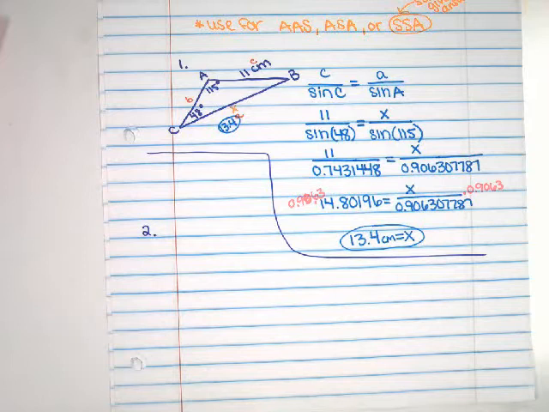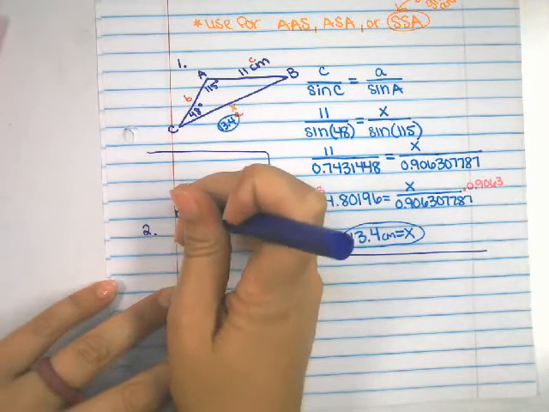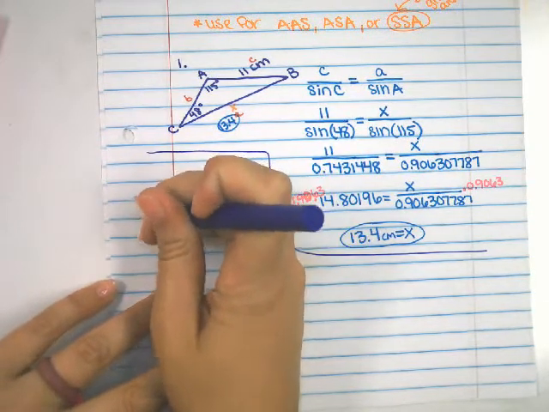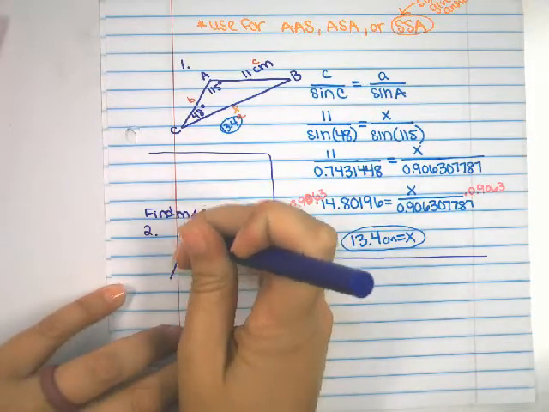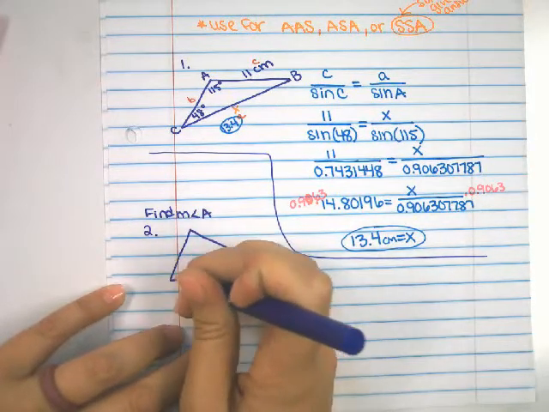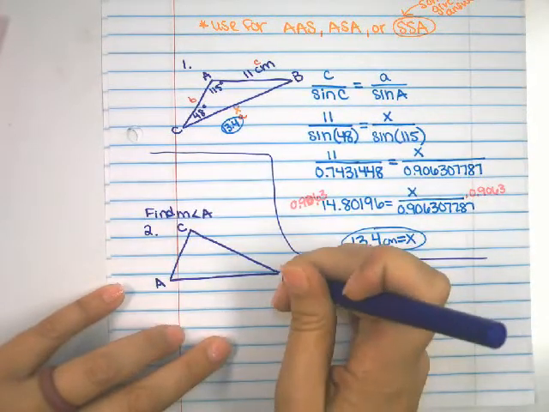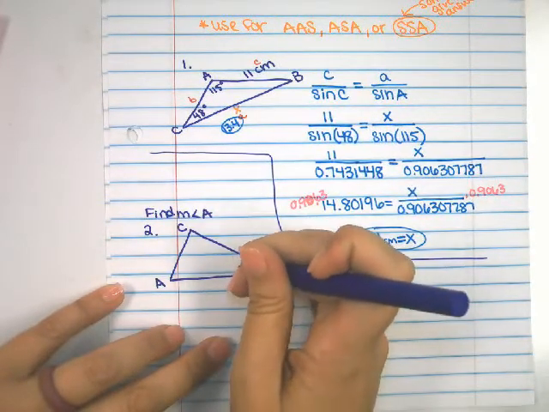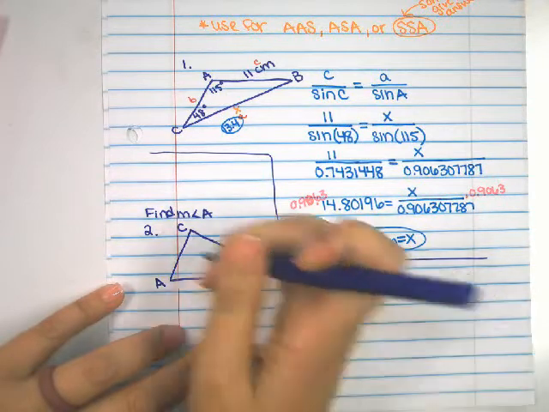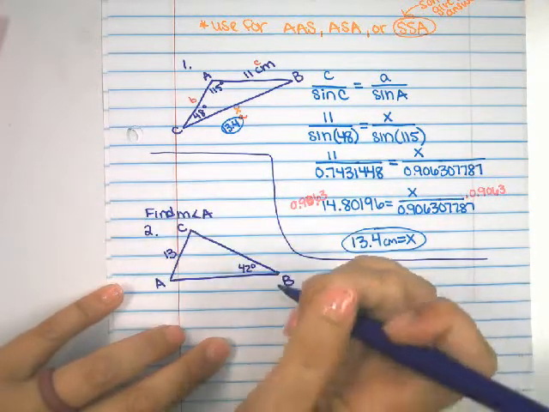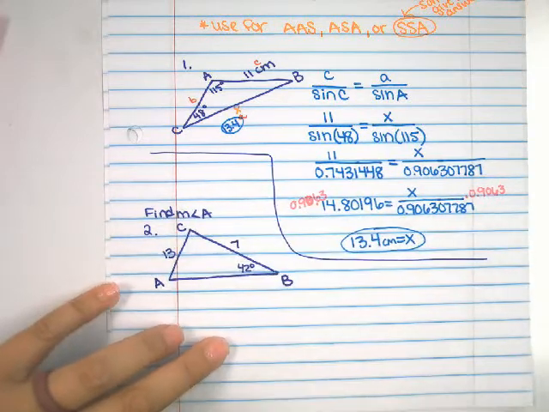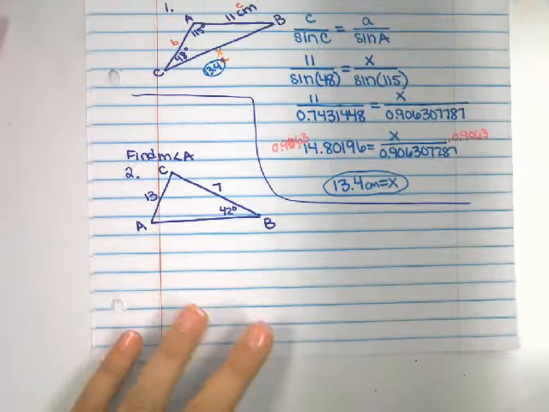So we're going to find the measure of angle A. Okay. So here's our little triangle.